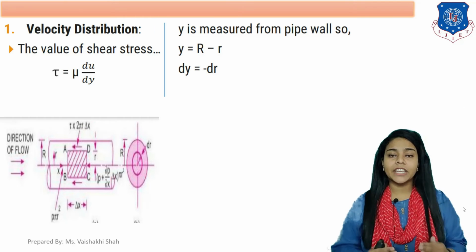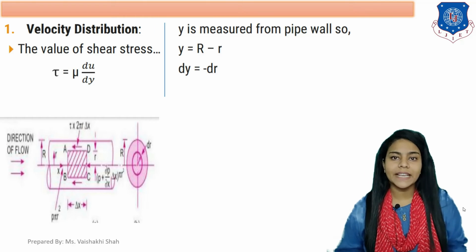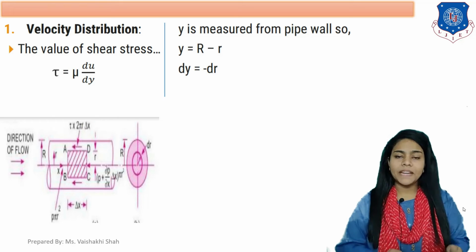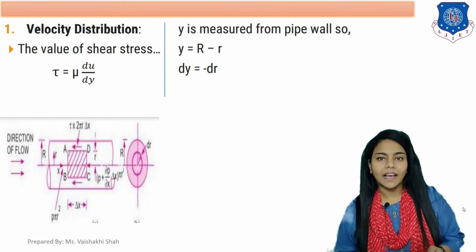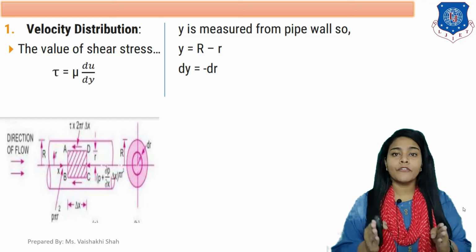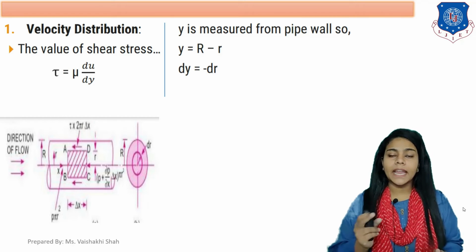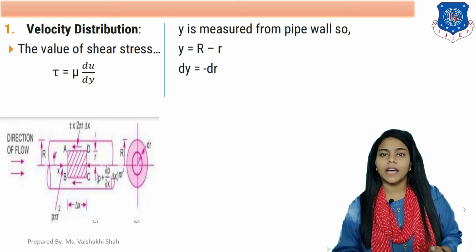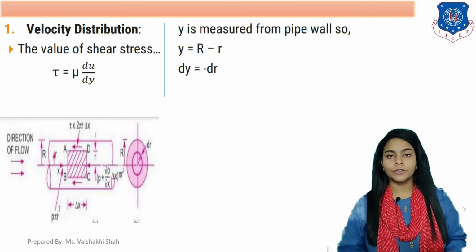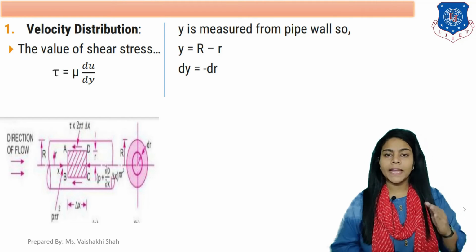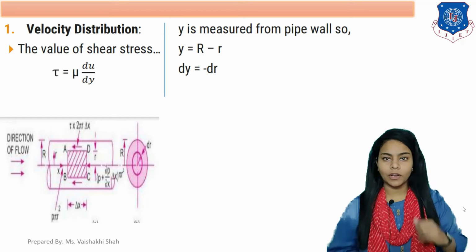If we take the difference of these two radii, then capital R minus small r is indicated as y. We will indicate the distance between capital R and small r by y. So here y equals capital R minus small r.